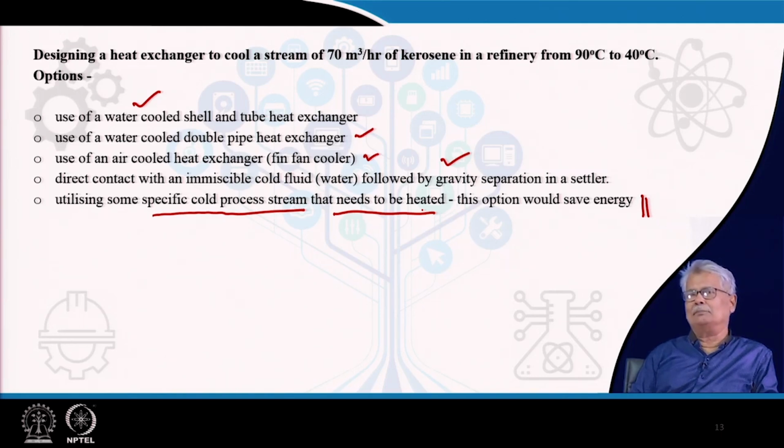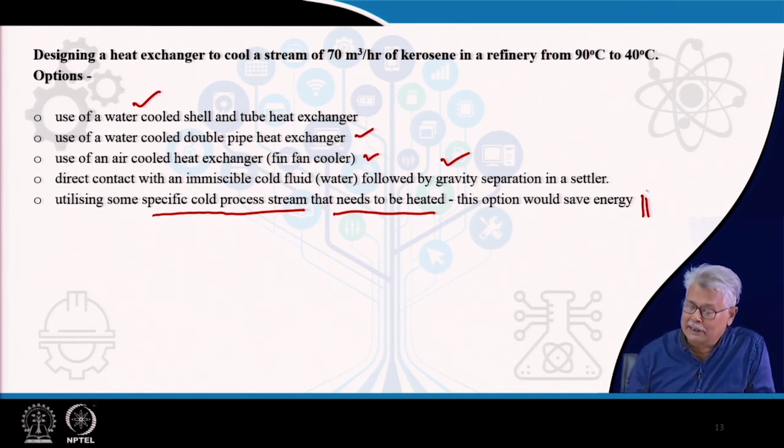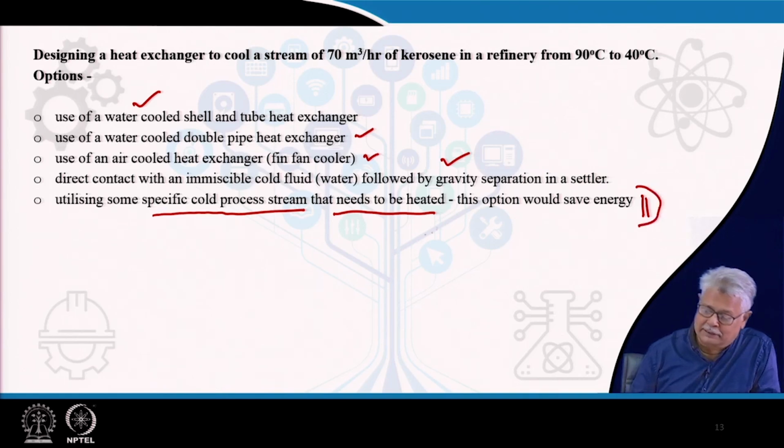At the same time, we also solve another problem of removal of heat not only from the kerosene stream, but adding this heat to a stream which was required to be heated. So it's a dual purpose which gets served this way, and quite naturally, if really we can achieve this, it is going to be most economic.